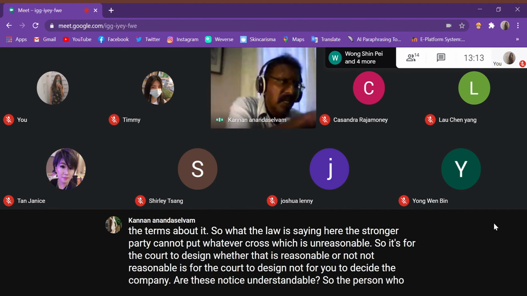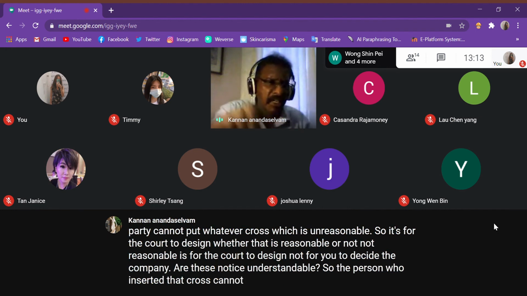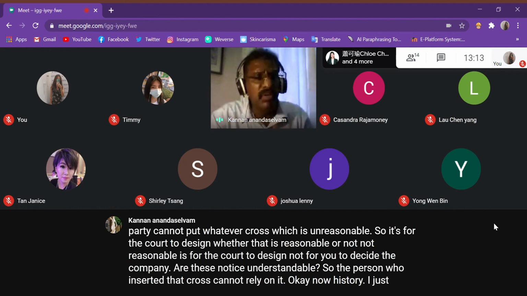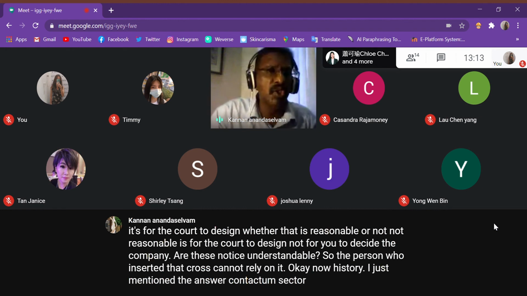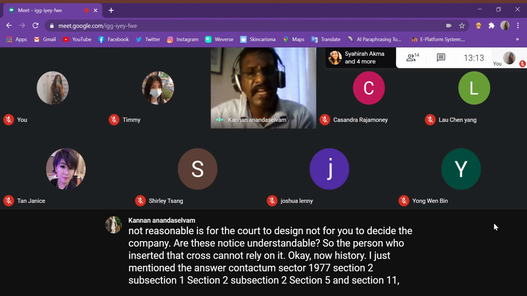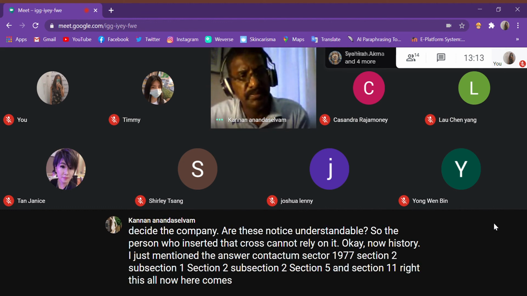Now, I just mentioned the Unfair Contract Terms Act 1977, section 2 subsection 1, section 2 subsection 2, section 5, and section 11. This all now comes under the Consumer Protection Act of Malaysia 1999, with the same purpose.